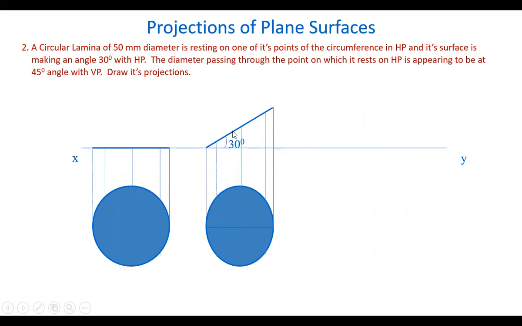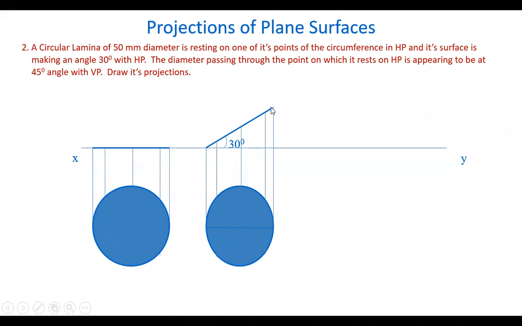So through this point we have only one diameter and this diameter is appearing to be at 45 degrees angle with VP. What is this 45 degrees angle? Can you identify? Already this diameter line, which is a straight line, is making an angle 30 with the reference line. Forget about the circle.